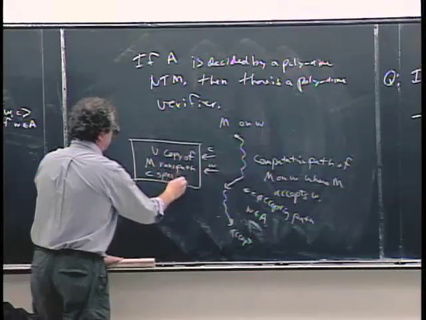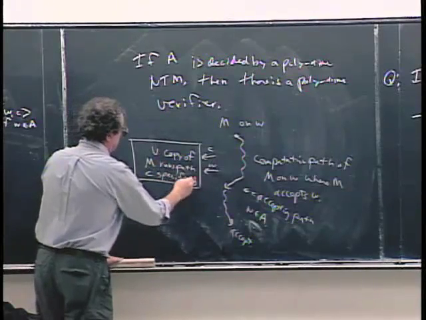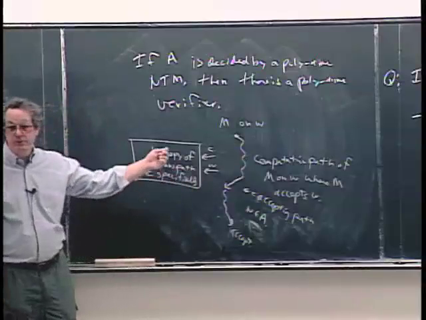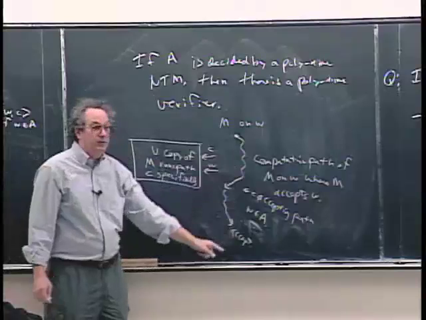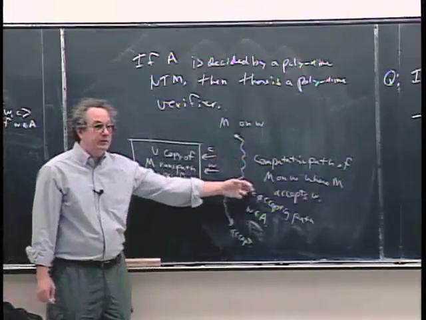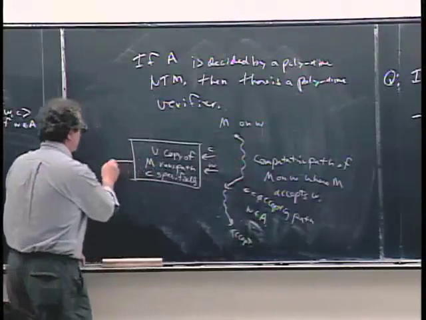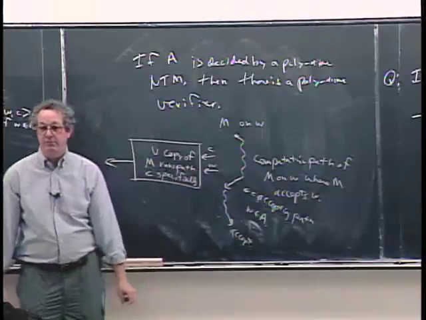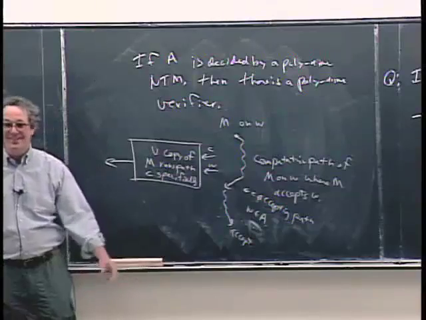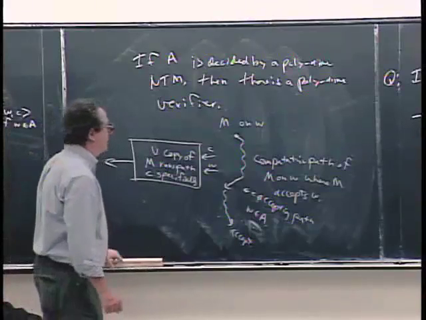It doesn't have to do anything non-deterministically because it's already been told what the accepting path of this non-deterministic Turing machine is. And here I've reversed the direction of input and output, but mathematically, that's okay.